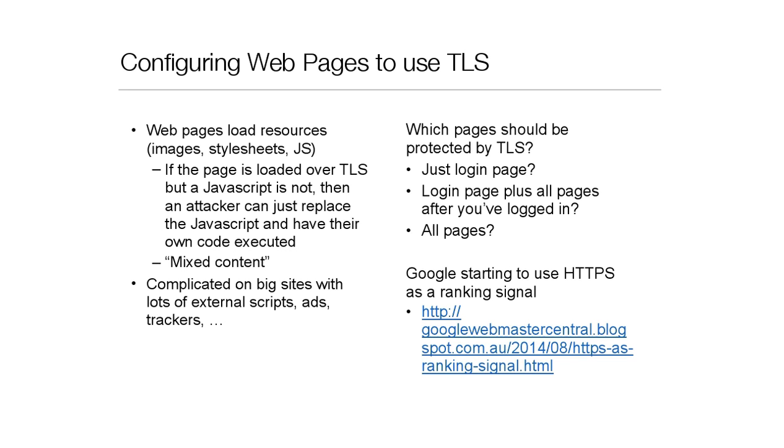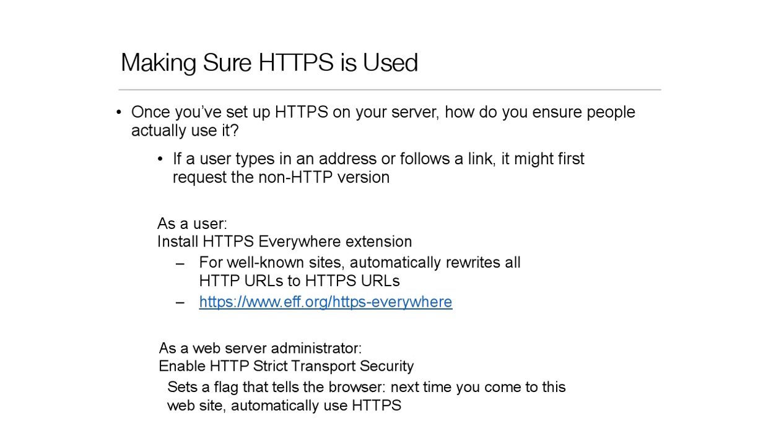So once you have set up HTTPS on your server, how do you ensure people actually use it? As a server, you might have set up this secure channel, but you have to force your clients to use that instead of just using the plain HTTP protocol.